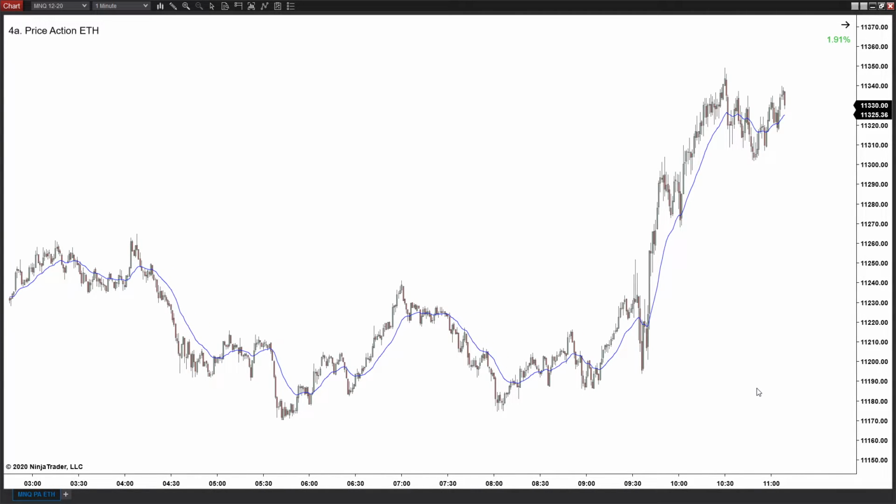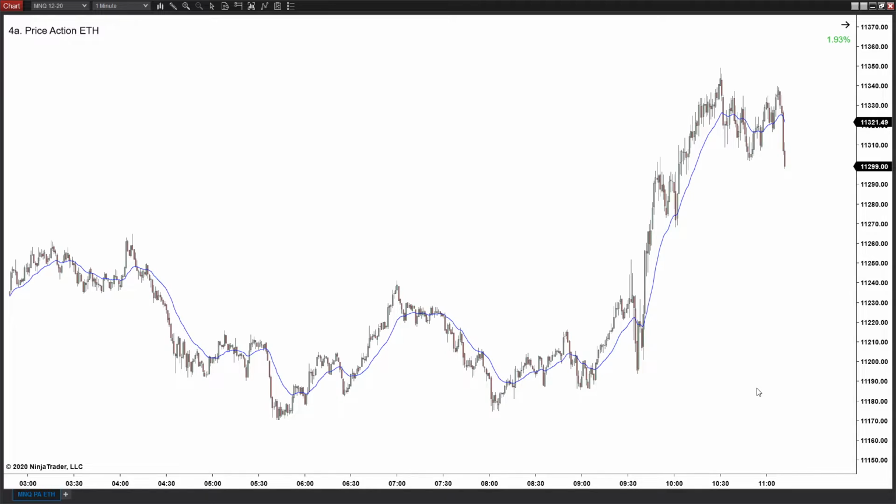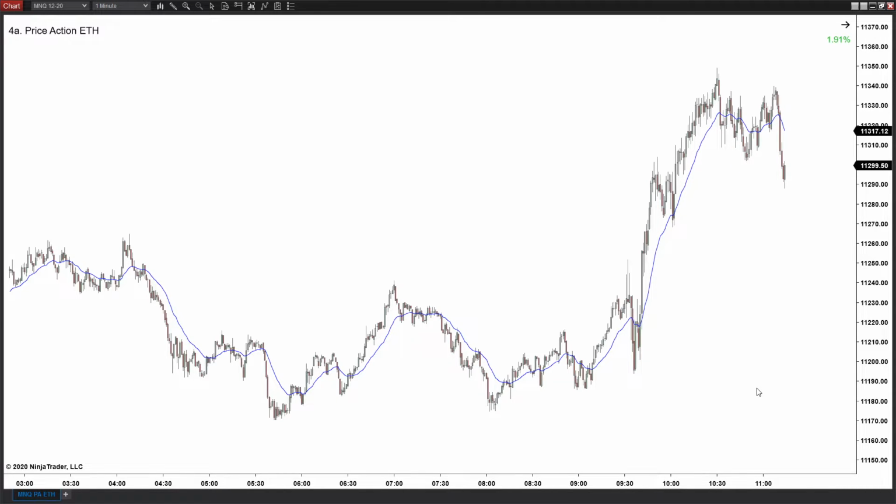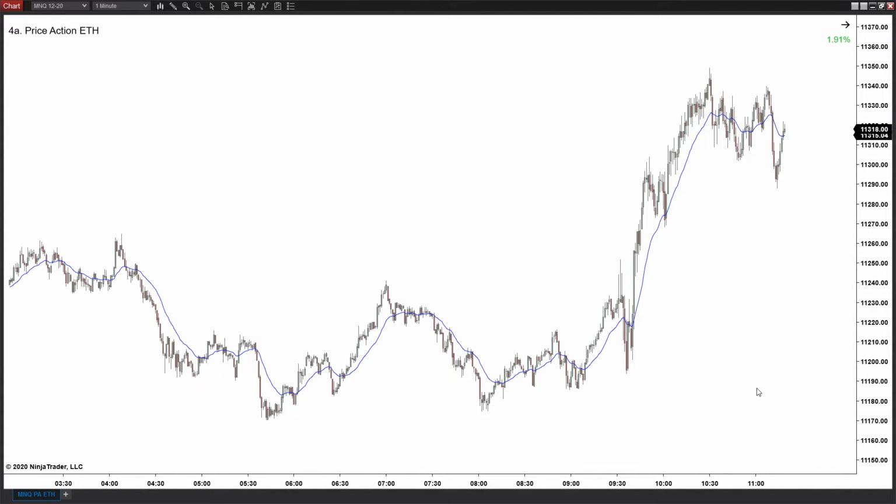And in all rights and regards, it tried. It tried really, really hard. But then everything kind of fell apart, and it looked like it was going to get absolutely obliterated here. But when the buyers stepped back in, they shoved it right back up. And that's going to drive a lot of context for the buyers. A lot of buyers are going to be thinking, whoa, wait a minute. This thing looked like it was just going to bottom out and fall through the floor.